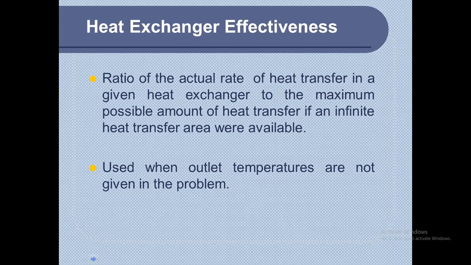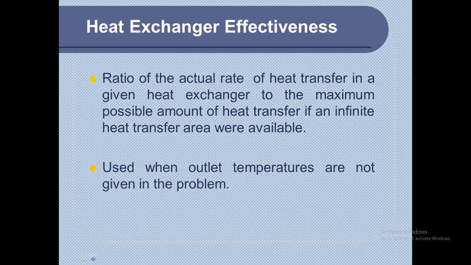Now, as for heat exchanger effectiveness, we have discussed this as well. You cannot actually determine the amount of heat transfer using the UA delta T mean formula if all 4 temperatures are not given, or it's not possible to know all 4 temperatures. So you could see here that this is used when outlet temperatures are not given in the problem, and there is no way that you can find it.